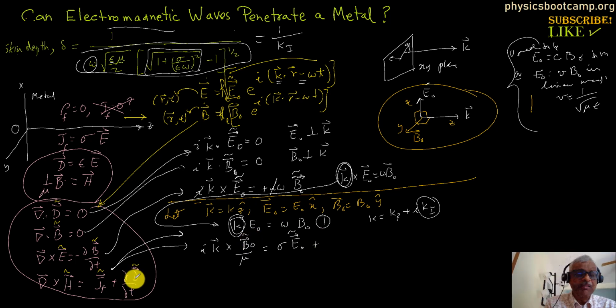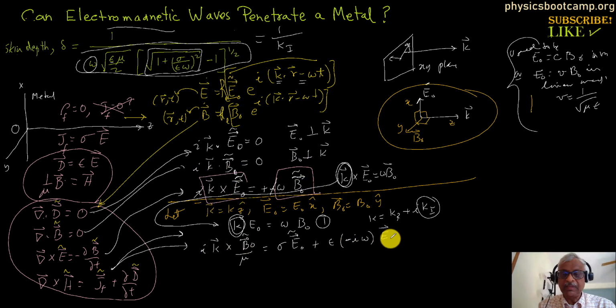And this will be epsilon E, so it's going to be epsilon minus i omega E. Now notice that B0 vector times omega is equal to this, so we can get the entire equation in terms of E0.